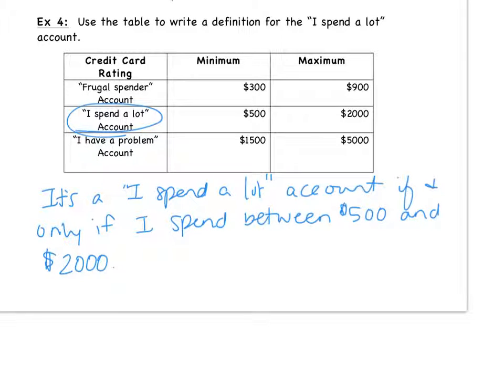This is a biconditional definition because it doesn't matter how I say it. I can put the if in front or I can put the if in the middle and switch it around and it'll still be true.